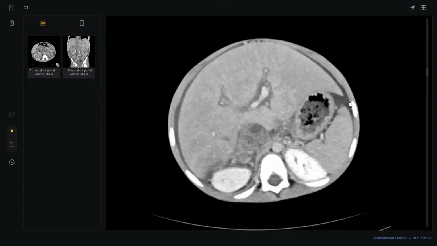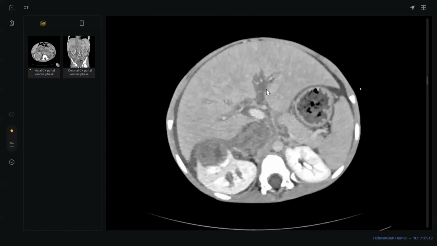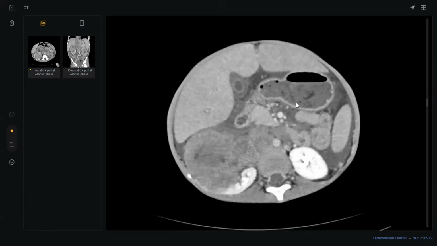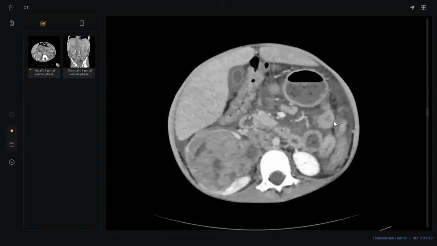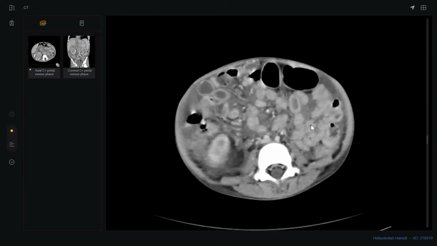Apart from that, there is periportal edema and hypo-enhancement in the porta hepatis along the bile ducts, and no focal hepatic lesion, mild cholecystic fluid, and mild abdominal ascites.